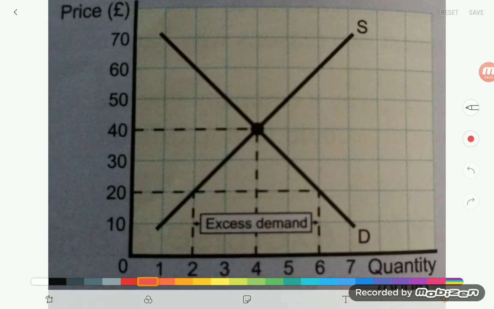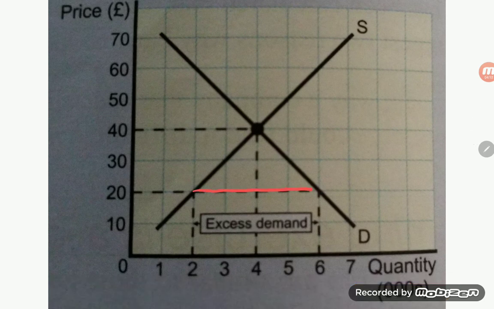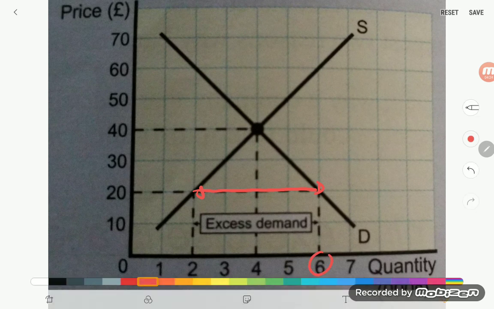Excess demand. Excess demand is when the demand for a good or service is greater than the supply. So here we can see the excess demand. The demand is 6,000 teddy bears, but in this case only 2,000 are being supplied.